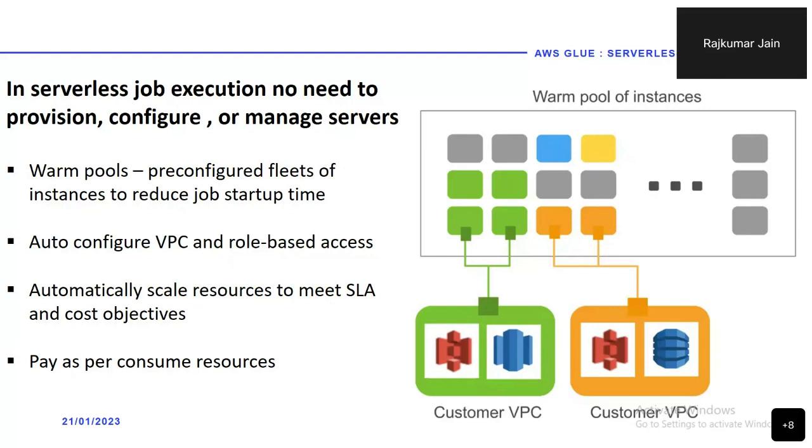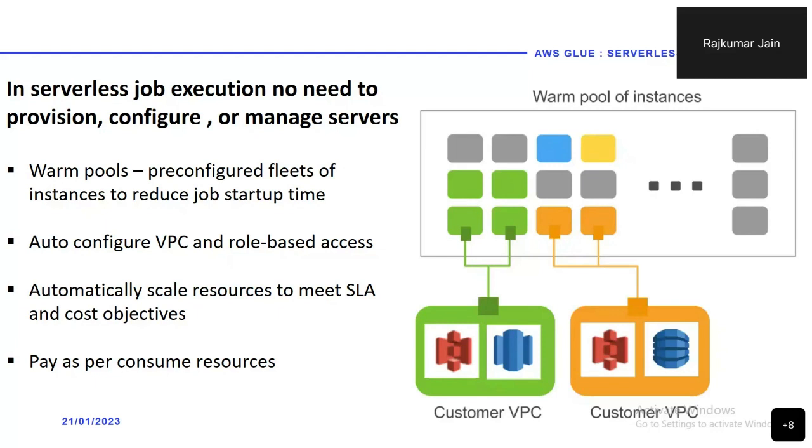So here the warm pool helps you pre-configure fleets of instances to reduce the job startup time. And when I say reduce the job startup time, it will save your money also, because if it is not there and your job startup time is around 5, 10, 30 seconds or 1 minute, you have to pay for that time period, right?